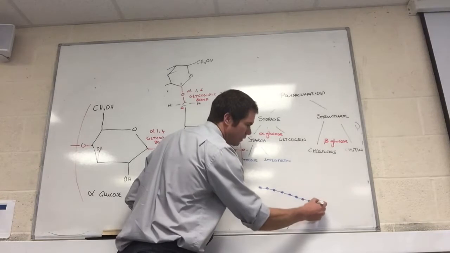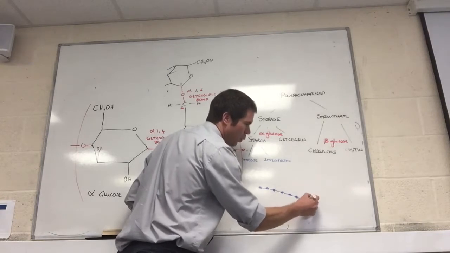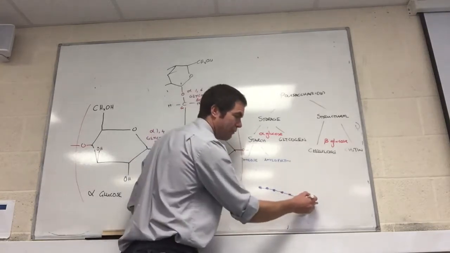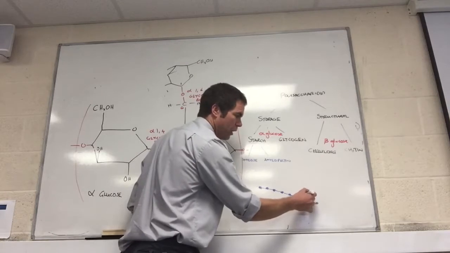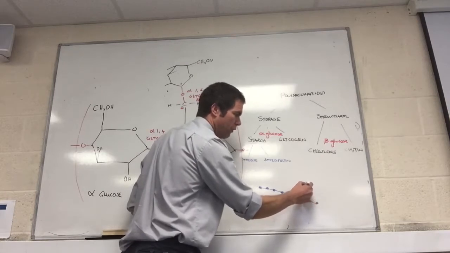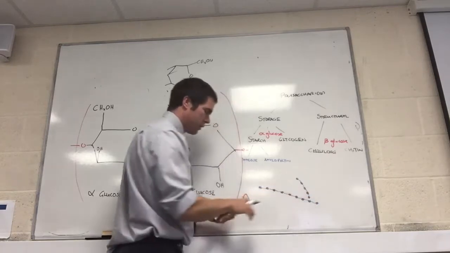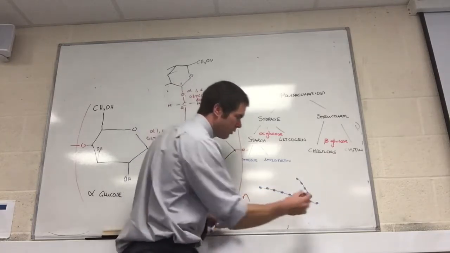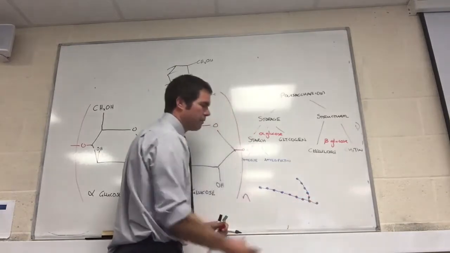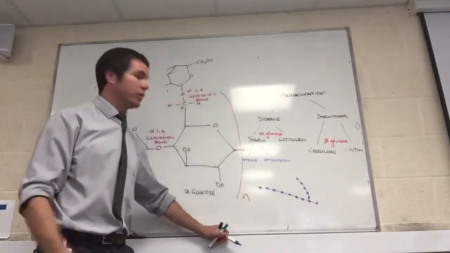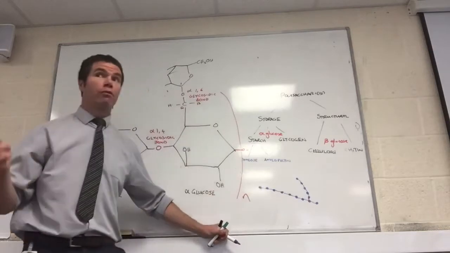But we also get, from time to time, a 1,6 glycosidic bond, and then from that glucose molecule, another 1,4, another 1,4, another 1,4, and another 1,4. So if I just take that bond there, that's a 1,6 bond. All the other ones in blue, those are 1,4 bonds.